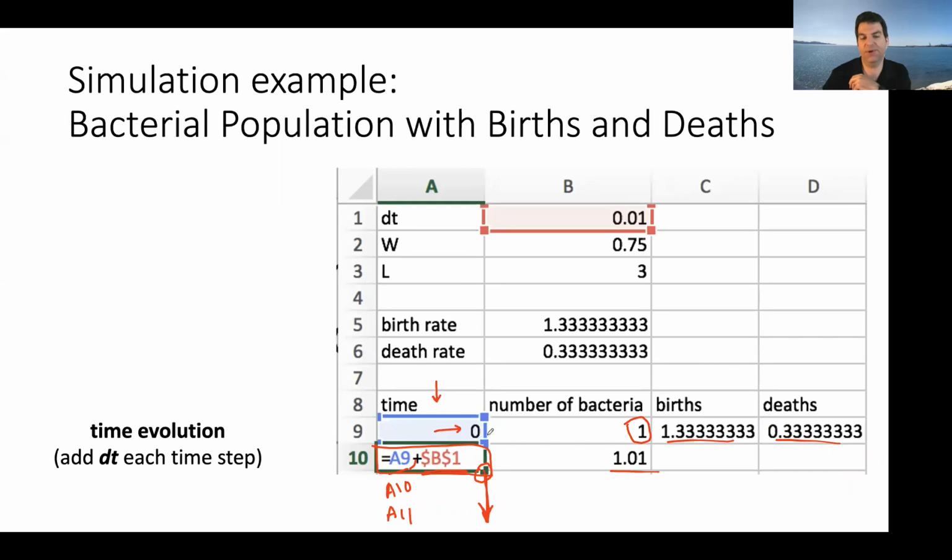If you grab the 0 and fill it down, it's just going to copy 0 all the way down. But if you copy this formula and fill it down, that should populate it properly. If it doesn't, then make sure that up here in your B1, you've put 0.01 and you've not accidentally put 0 there.